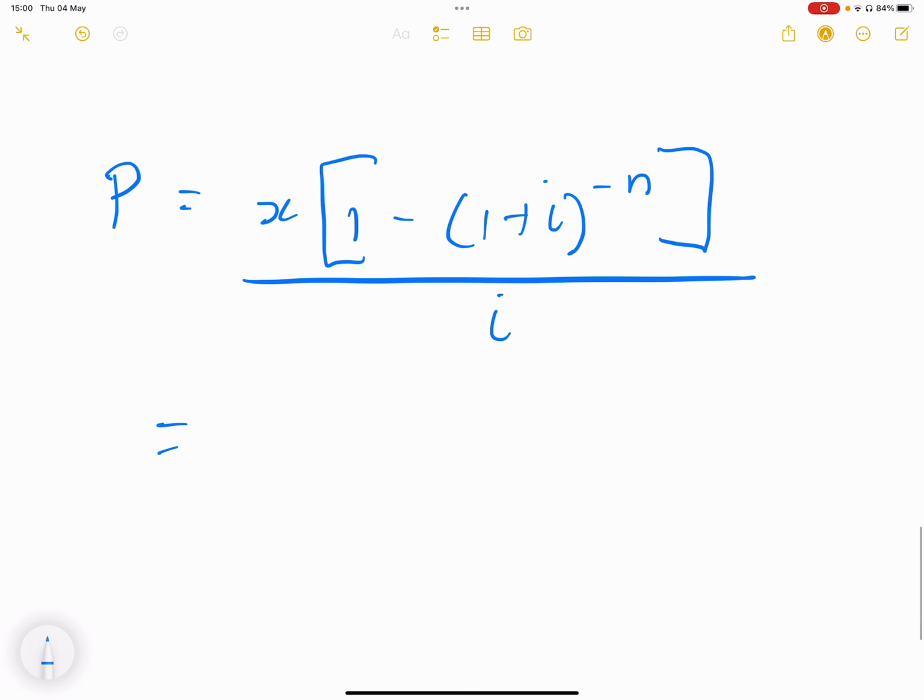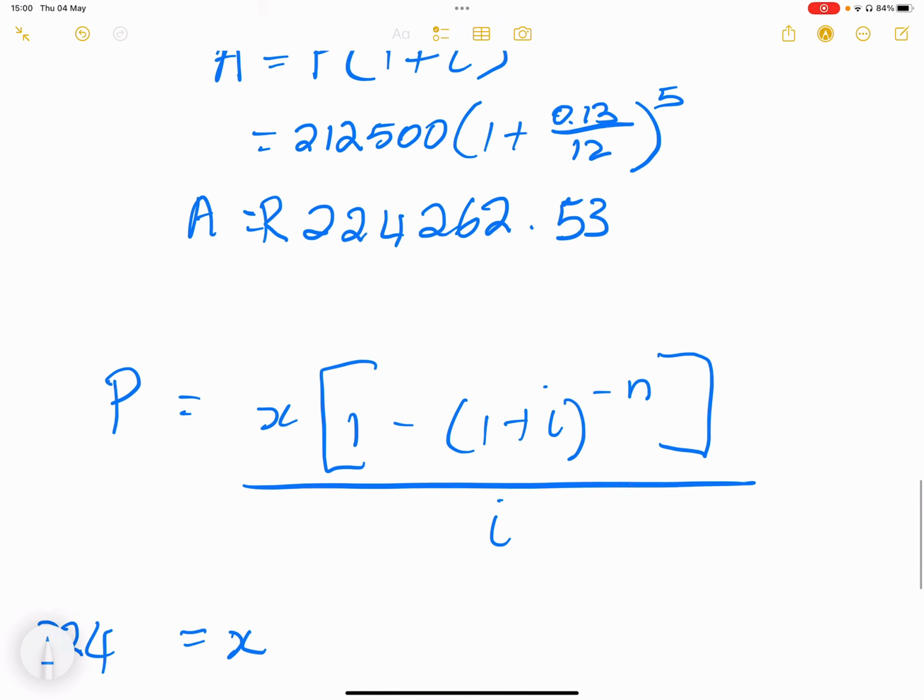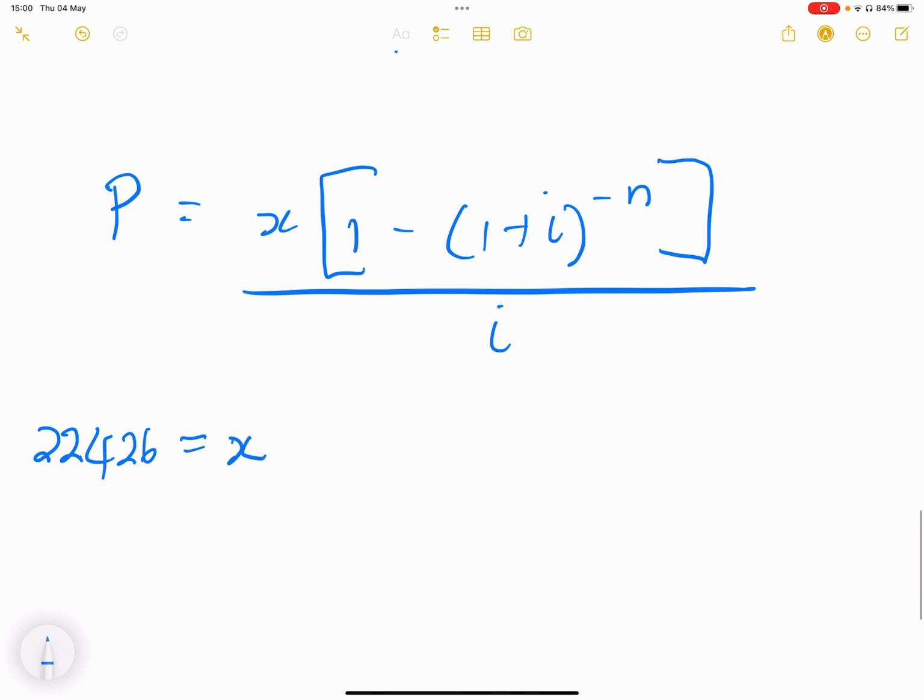Let's put in the values. We want to find out what X is. But what is our present value? Our present value is that amount of 224,262.